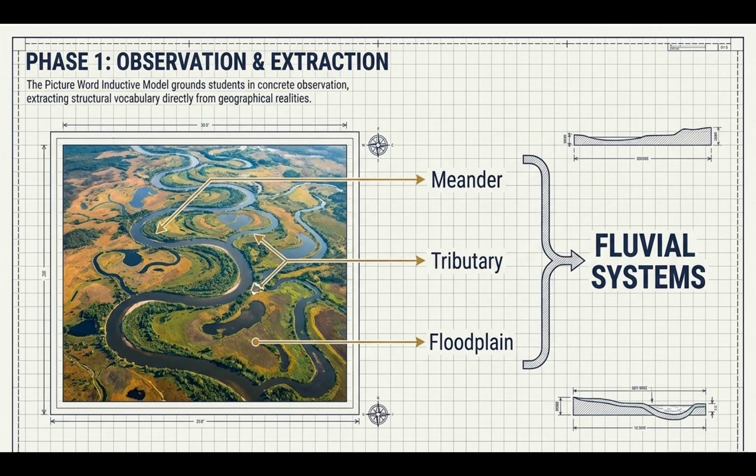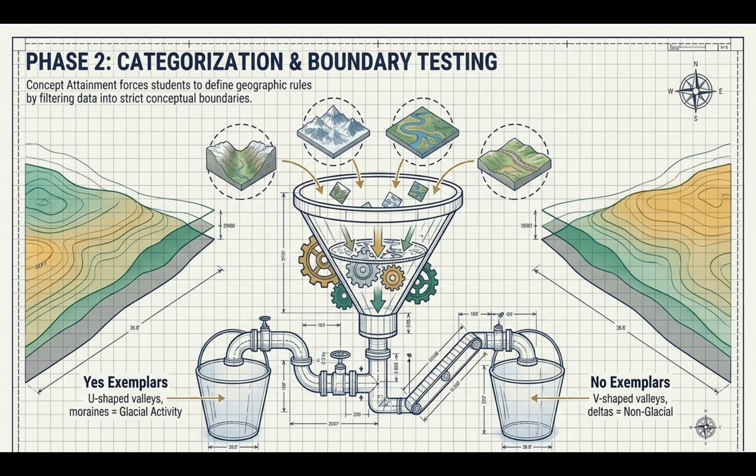After students identify geographical features, they must determine how those features can be classified. The second phase uses the concept attainment model. Students are presented with example and non-example of a geographical concept.